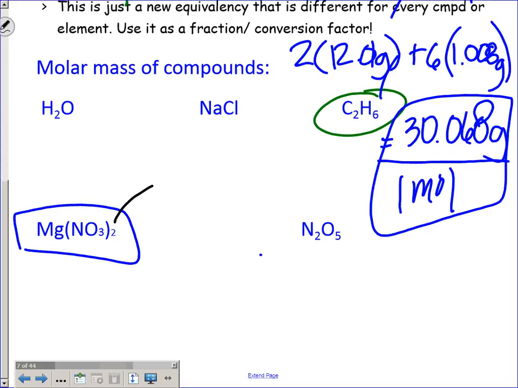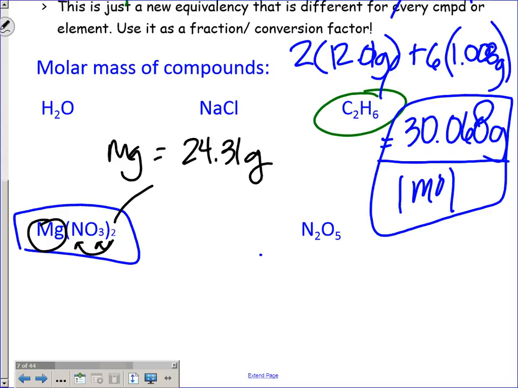I think first you have to distribute the 2. To each, or to who? Give me specifics. Each element within the parentheses. So this 2 does get distributed to nitrogen and 3 oxygens, right? So let's do this step by step. What's the mass of magnesium? Okay, 24.31 is what I have memorized, so I'm just going to go with that. Yeah, that's good.